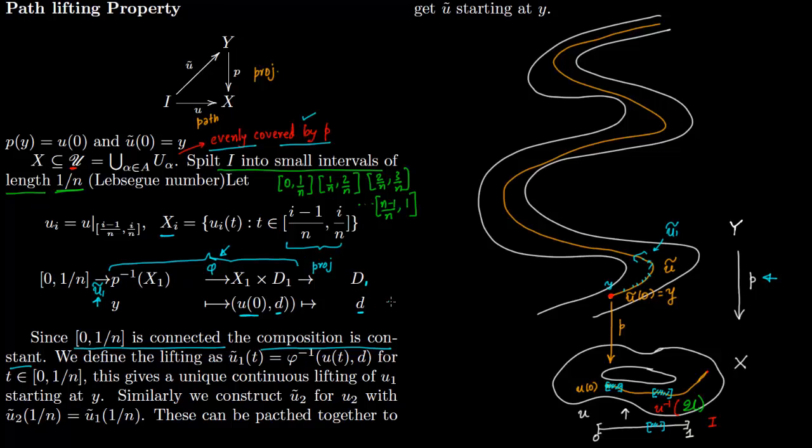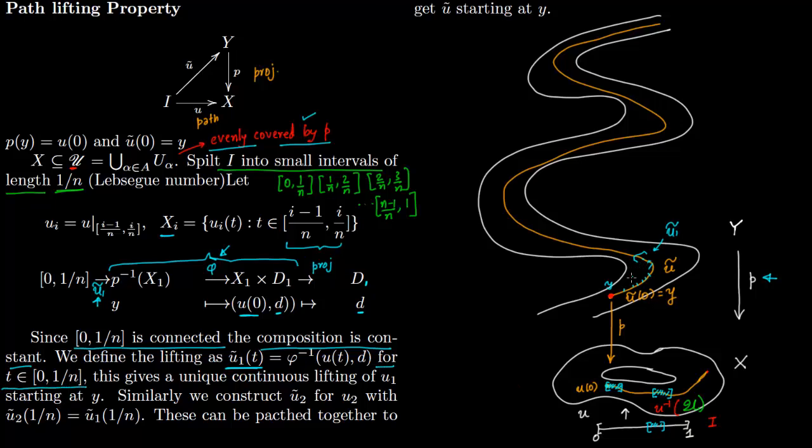Therefore you get a constant map. So then you can define this lifting u1 tilde of t as phi inverse of u of t comma d, and here t is between 0 and 1 by n.